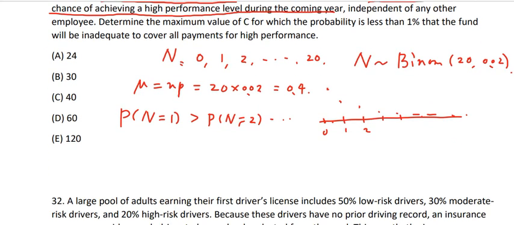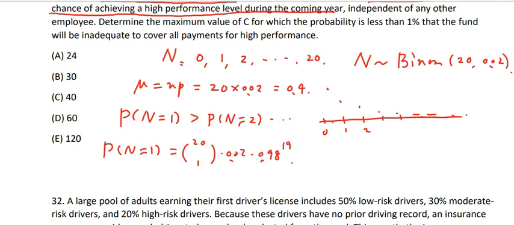If n equals 1, how much is this probability? We find it is 20 choose 1, this thing happens, and this, 0.98, happens 19 times.